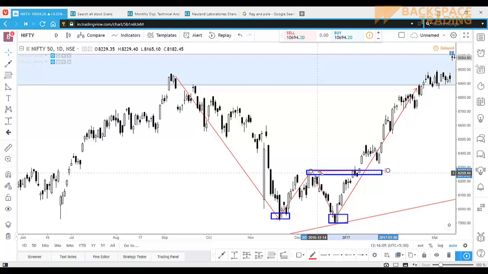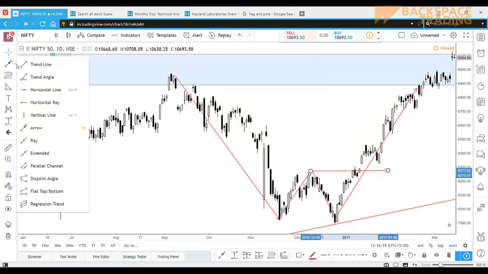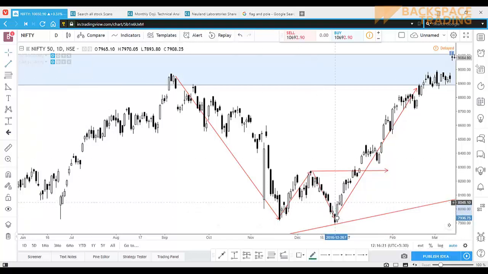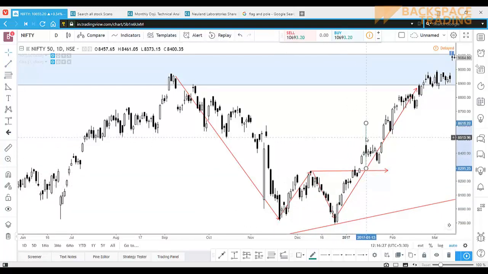This W gets confirmed after the break of this. So the target for these guys is the distance of this depth. If you take it above, this is their target, which is over here. This is called double bottom trading.